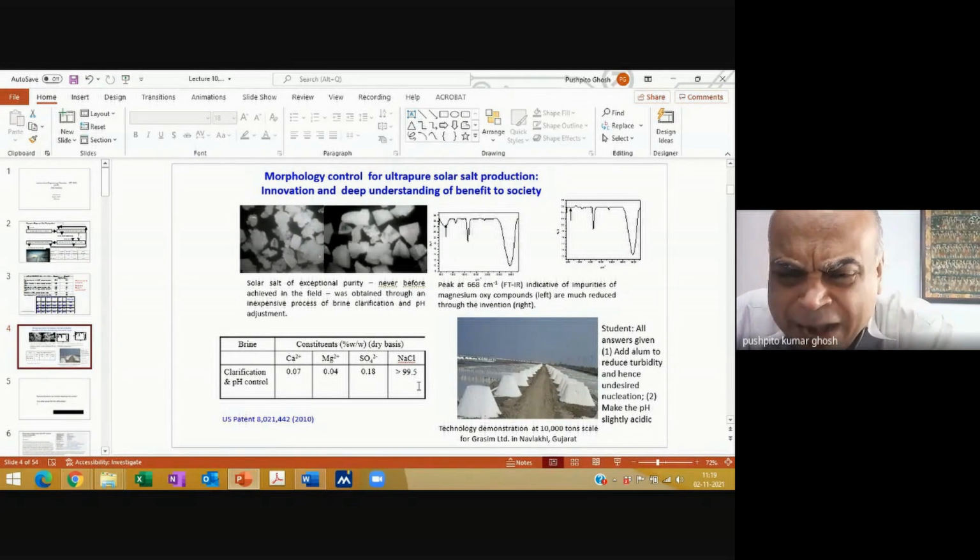Is it practical? How much acid would you require? That's where your knowledge of chemistry is important. You know that pH 7 means 10 to the power minus 7 molar of H plus, and pH 6 means 10 to the power minus 6 molar. That's the difference that I have to put.